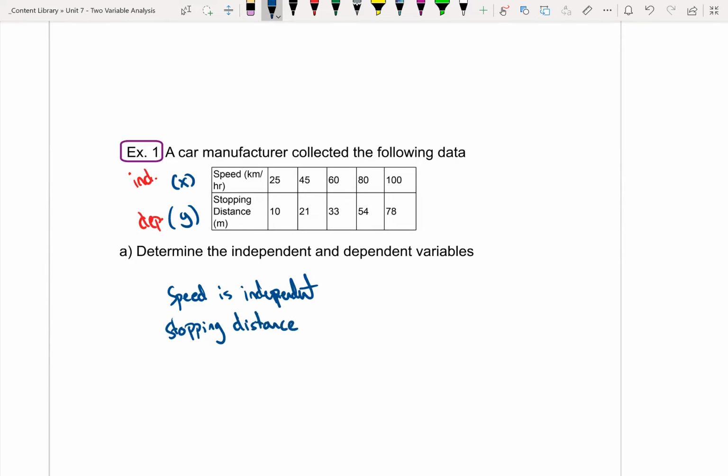So your stopping distance is the dependent variable, and in other words, you could say that stopping distance depends on speed. So this could be, again, something that you just kind of reason out for yourself based on the scenario.